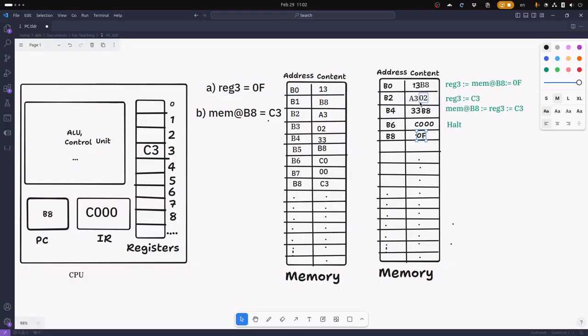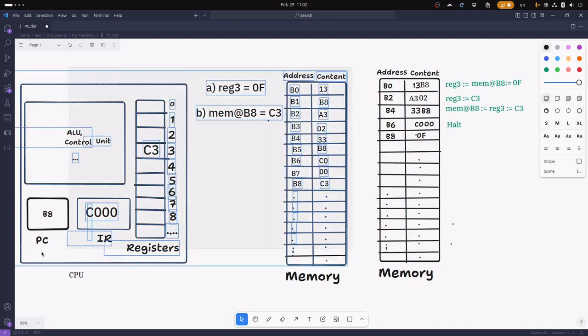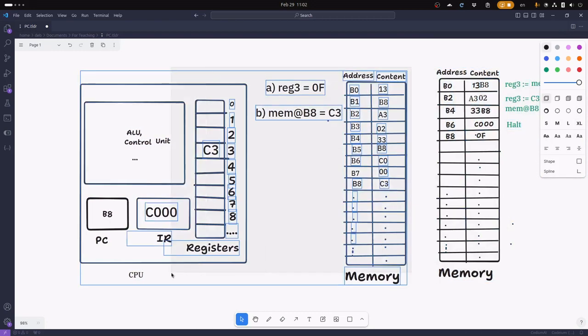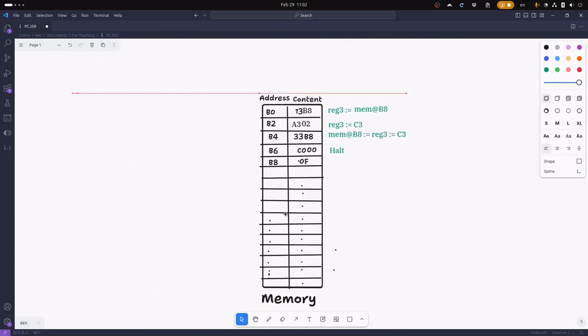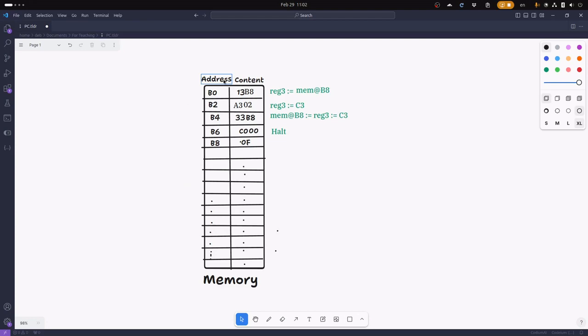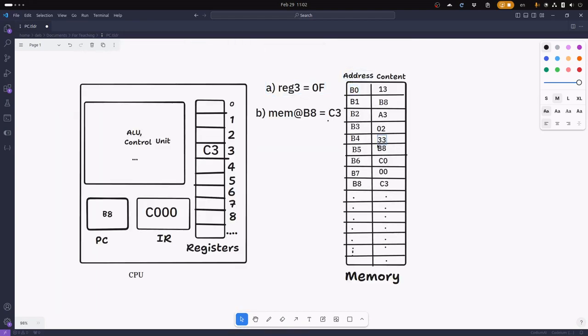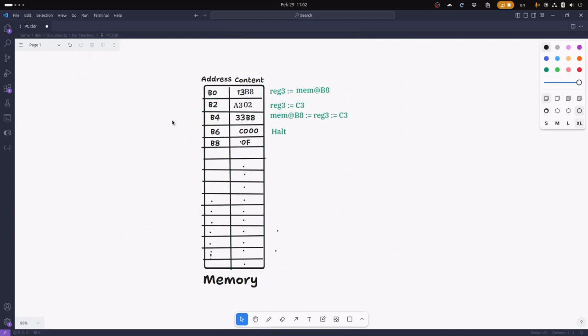So what we will do next is leave this part for now and just think about this part. From now we can write like this: we will make everything more compact.